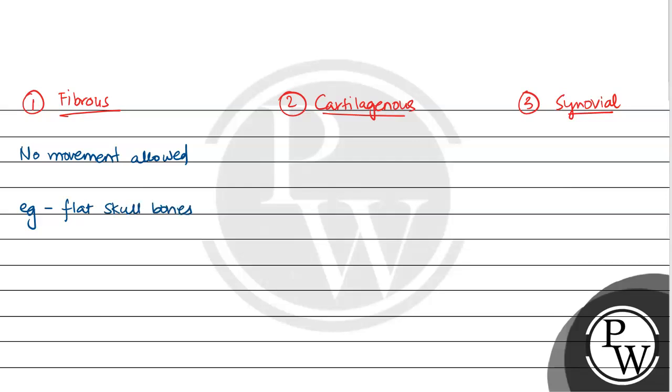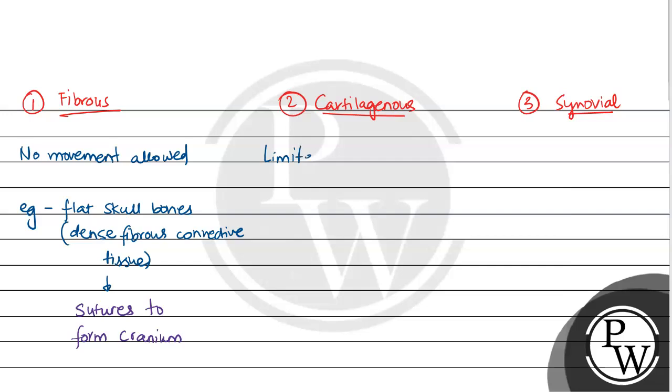Flat skull bones के बीच में they are attached to each other via a dense fibrous connective tissue, which results in the formation of sutures to form the cranium or the brain box.